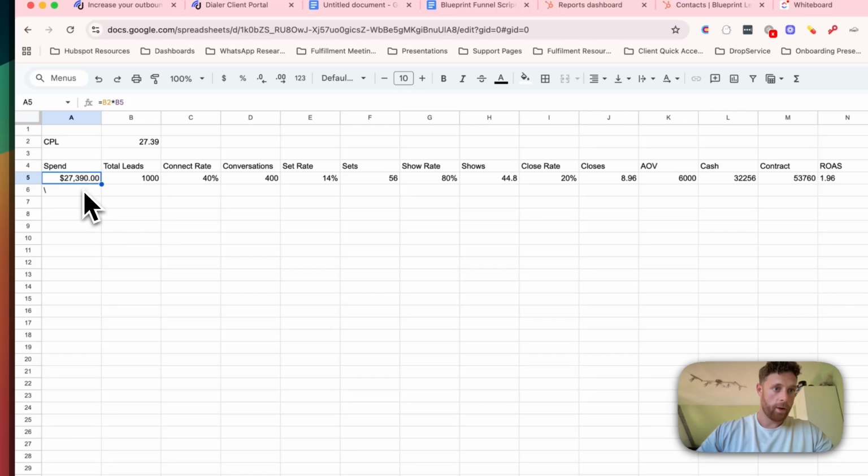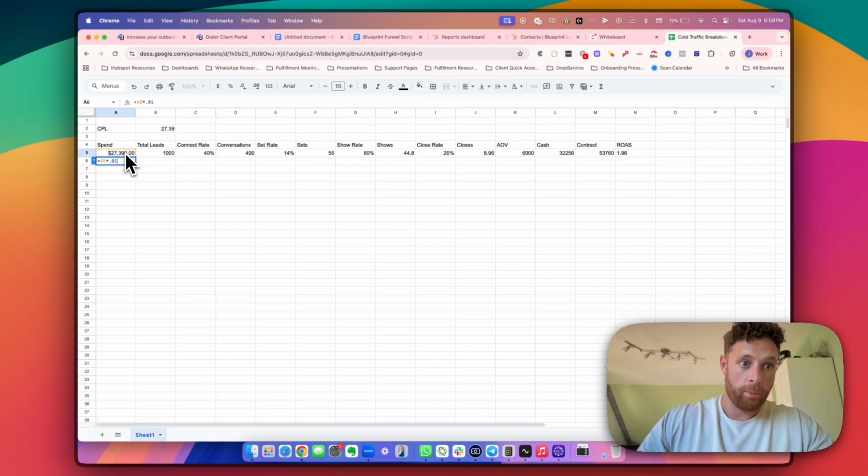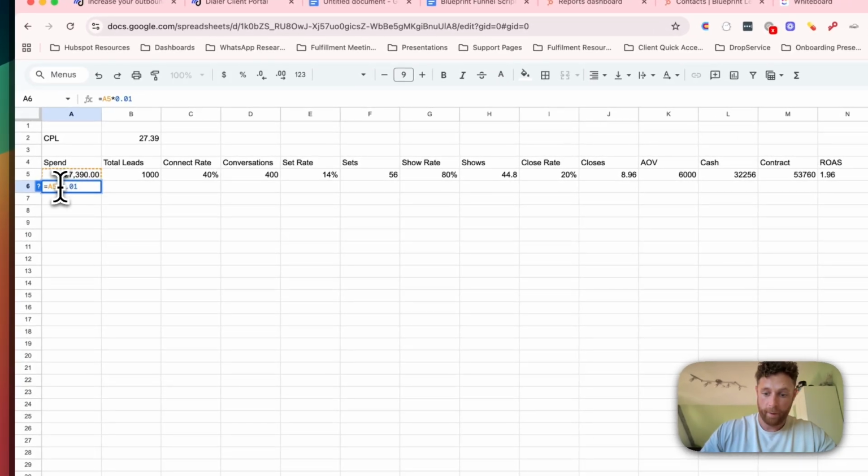All we're going to do is say equals this times, you can scale this at whatever you want. So if you put 0.01 divided by 0.01, 0.001. Sorry.